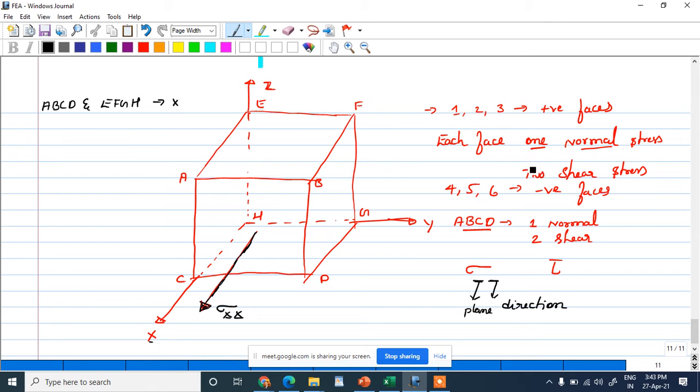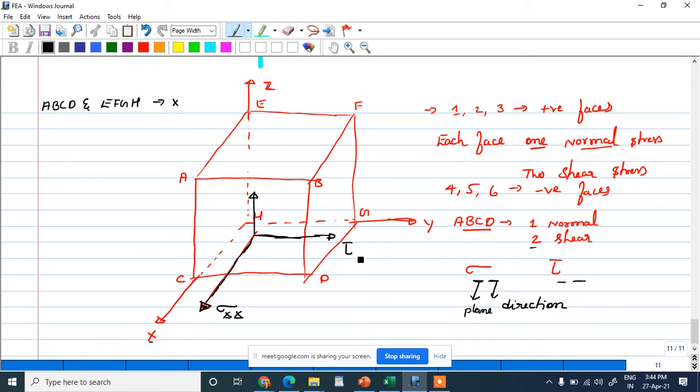One normal stress is done, and we need to represent two shear stresses, in the direction of y and in the direction of z. So you just draw a line parallel to this. This will represent one shear stress, and one more parallel to E. I am drawing this with respect to ABCD. The shear stress is represented by tau, and it will have two suffixes.